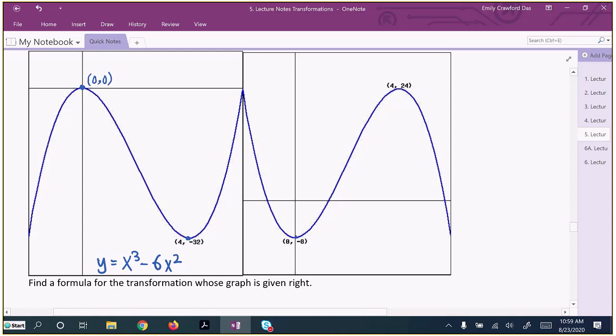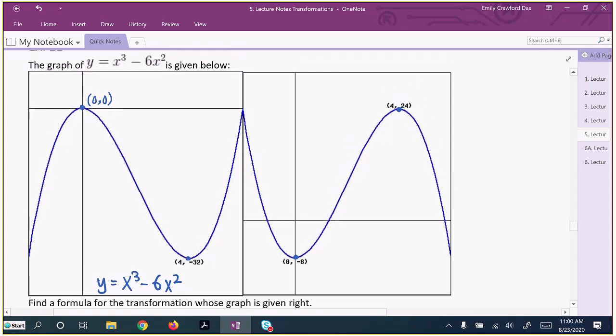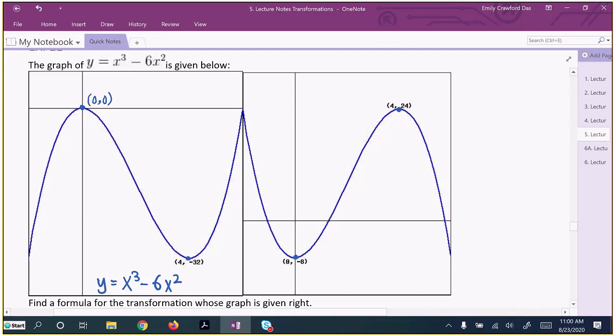Now, another thing that I want to do is notice the shape of the graph on the right. It looks like a reflection across the x-axis of the graph on the left. Now this relative minimum, it looks like it's become a relative maximum.